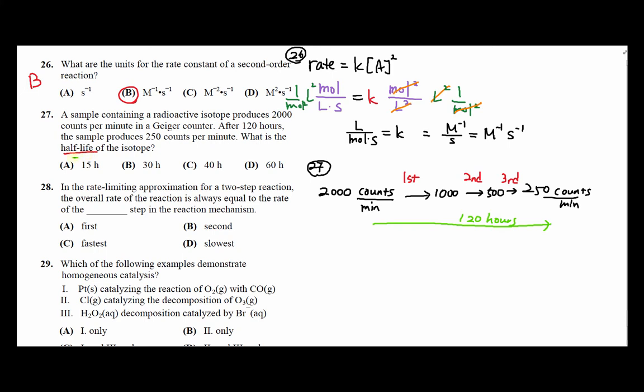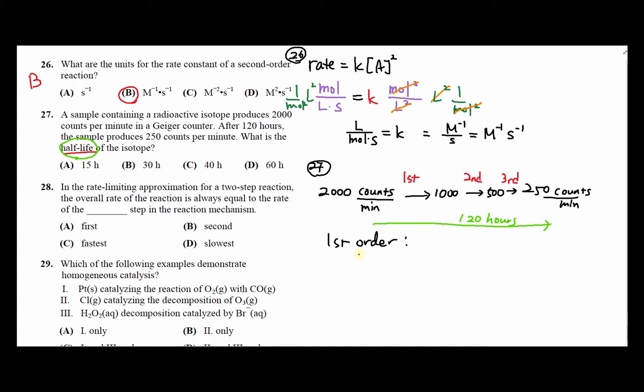The question implies just half-life. And we know there are multiples of half-life. Therefore, this has to be first order. Otherwise, they would write down something like 15, 20, 30, 45, or 45, 30, 15. Because we don't have that, this is first order.